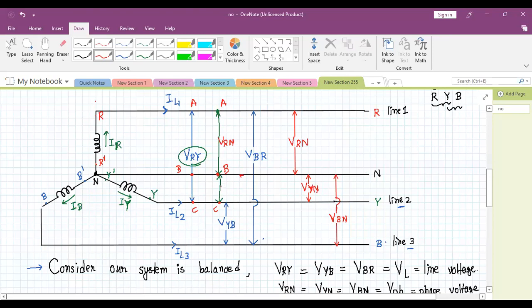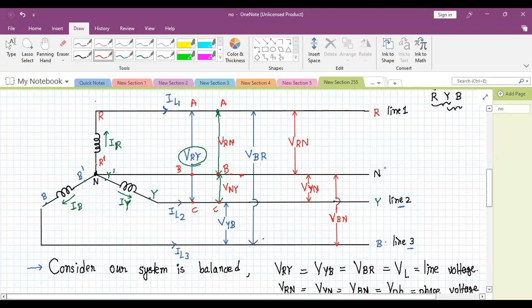That is VRN. And here there is a neutral and here there is a Y, so here I can say it is VNY. Because to go from R to Y, I'm going from R to N and then N to Y. So I'm getting VRY.